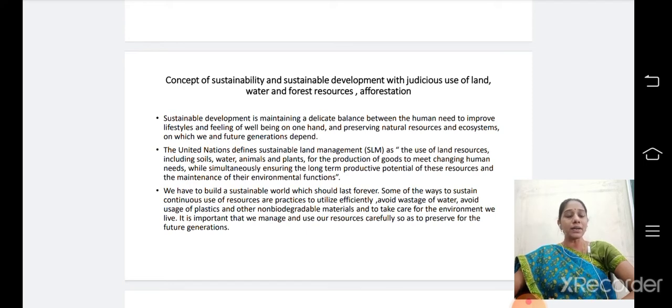Whatever water we want, we have to use. We should not waste water, because we should give a good environment to our future generations. So that is the importance of sustainable livelihood, so that we will achieve this sustainable development by changing our lifestyles in a proper way.